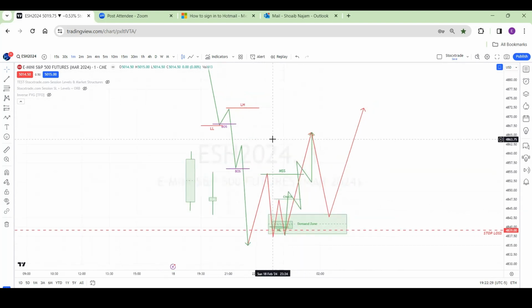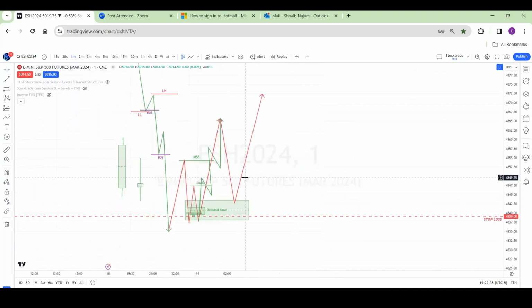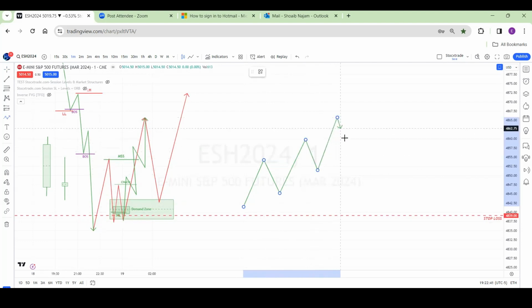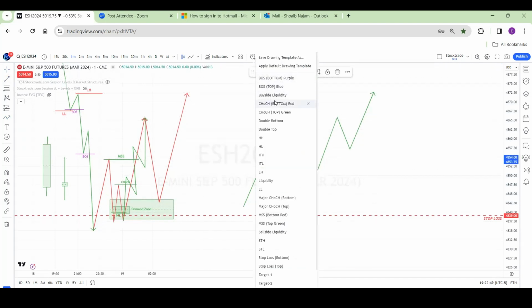The break of structure you will see once the market goes into a trend. If the market is going in a bullish trend like this, in this trend, you will see only break of structure, the bullish break of structure. At this level, this is your bullish break of structure.